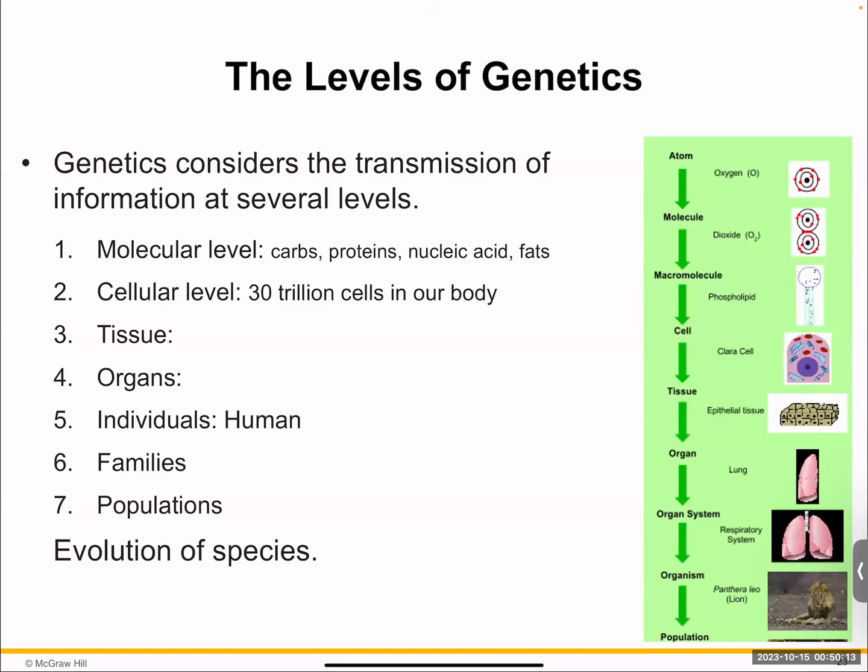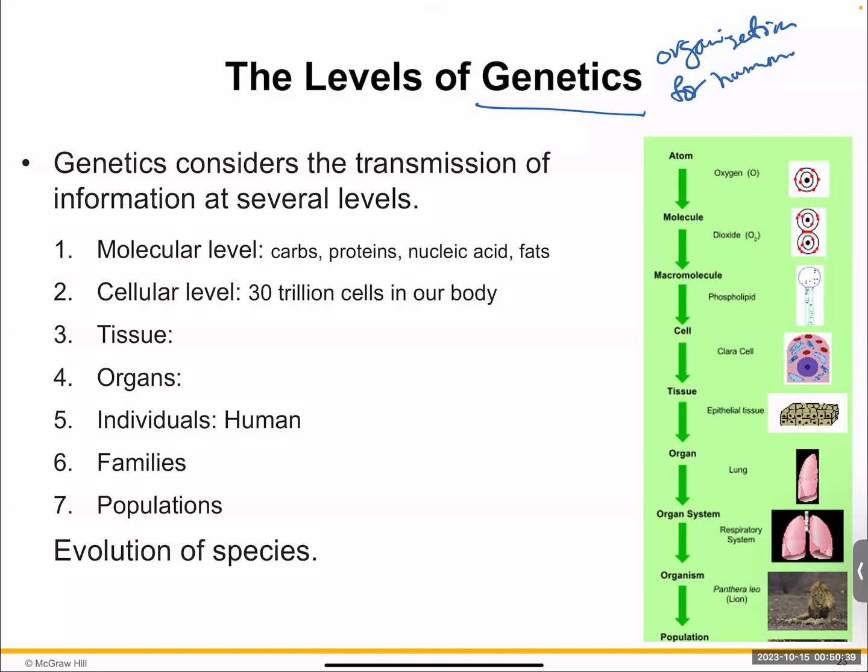Now, since we are talking about genetics, it's also good to understand how the levels of complexity work in our body. Even though I use the word genetics here, in truth, it's levels of organization for us as humans or for any complex organism.